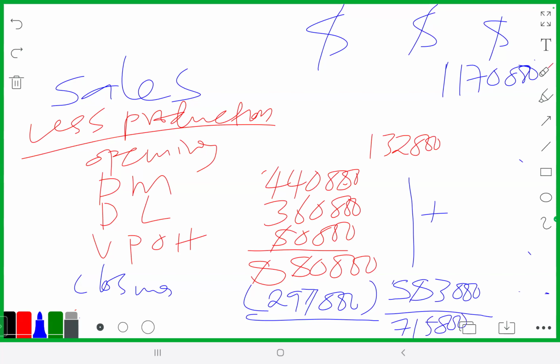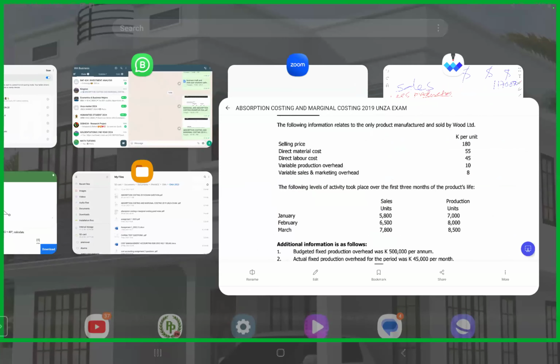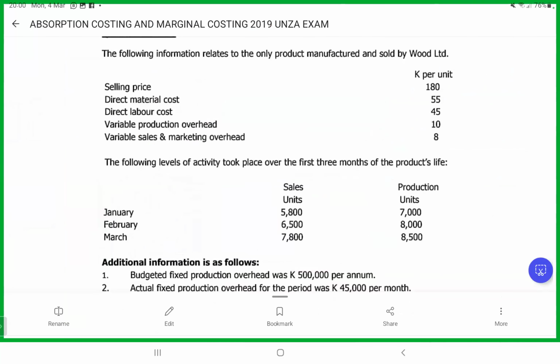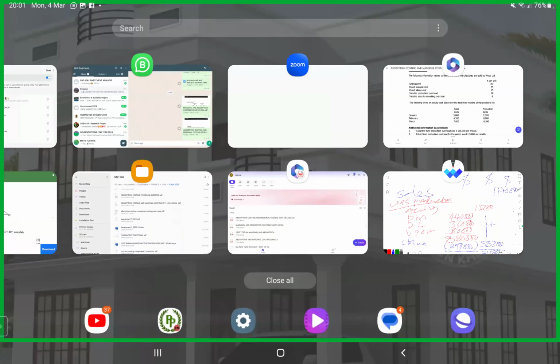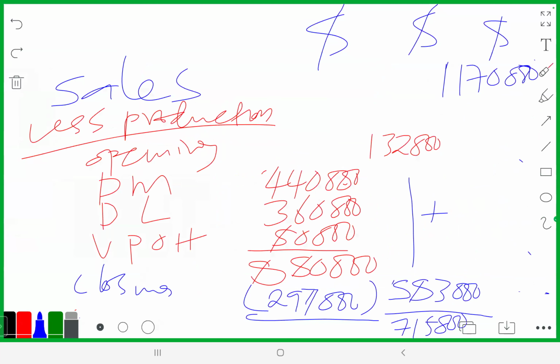So to 715, we can add now the non-production variable costs, which are the variable sales and marketing overhead. So you say 8 kwacha per unit times the units produced, 8,000. 8 times 8 is 64, that's 64,000.